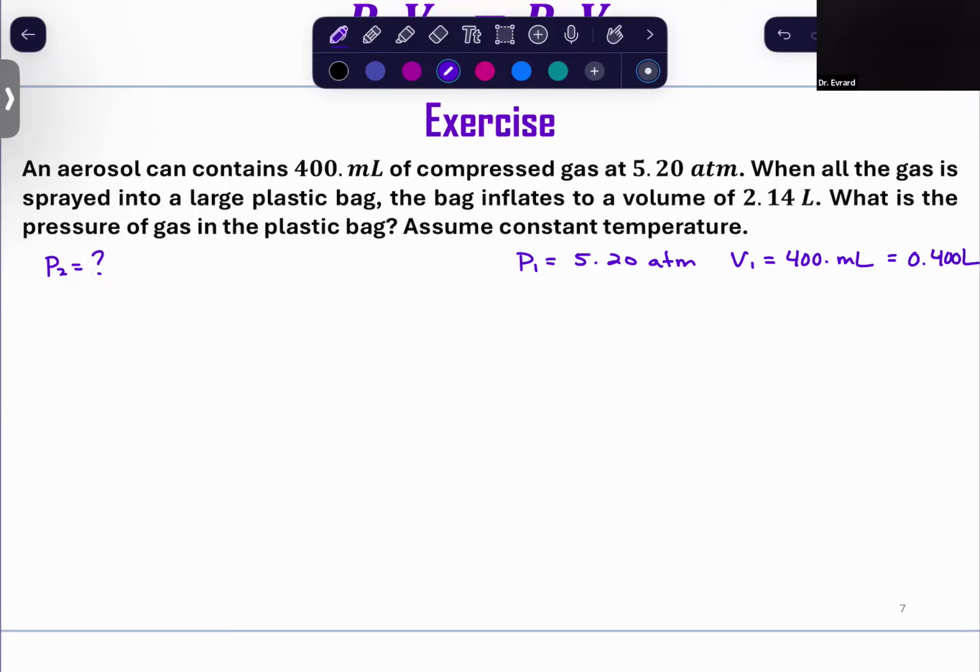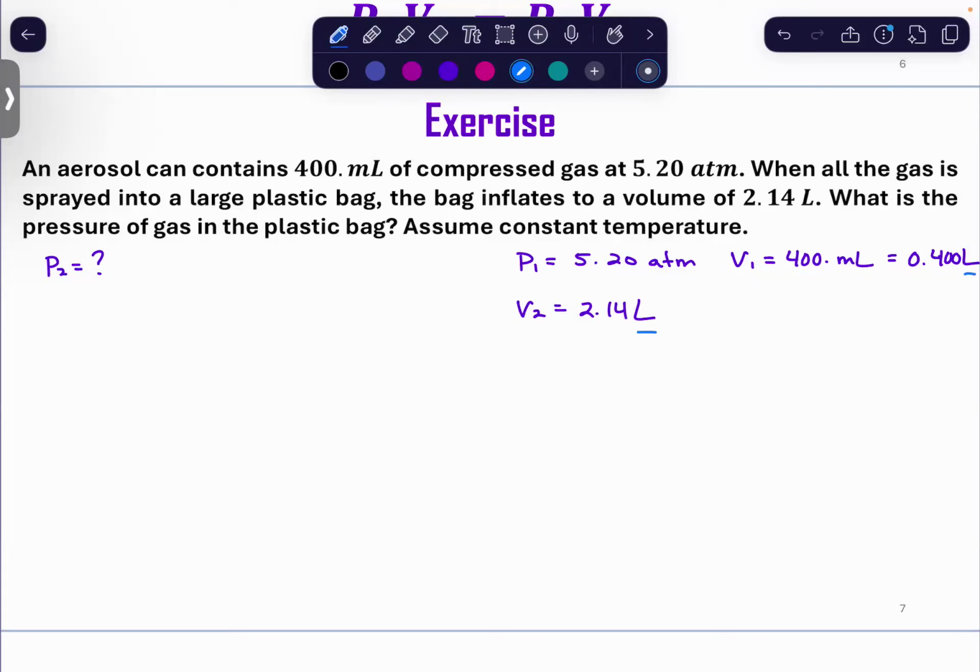So that's something we know. V2 is 2.14 liters. And you notice I changed V1 to liters because here's something you're going to want to start thinking about. When you're doing calculations, if you're plugging everything into an equation, your units have to match. So I need liters to match liters.